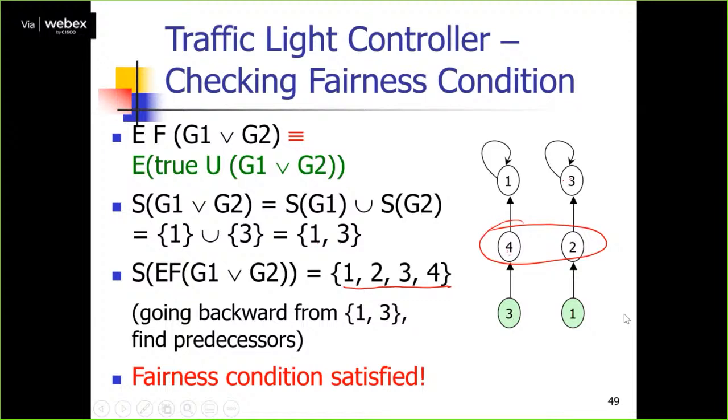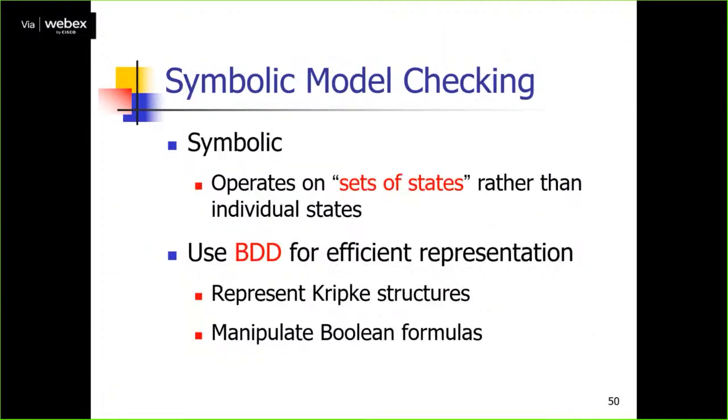It appears for the green lights, which are present at states 1 and 3. So I'm going backwards: 1, 2, 3 and 3, 4, 1. If both are appearable, going backward stays 1 to 3 and 3 to 1. Then that would be called the fairness condition values.